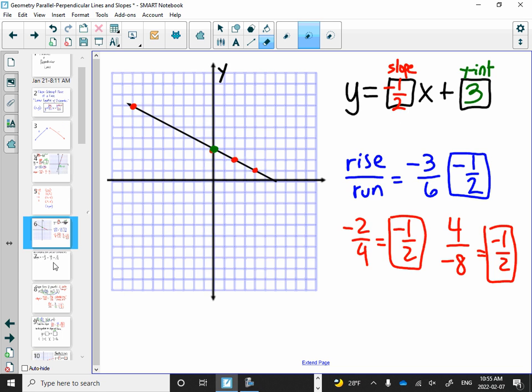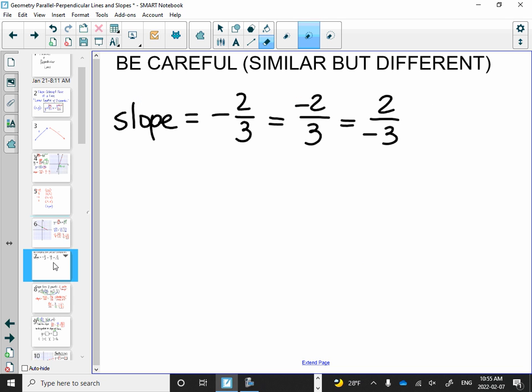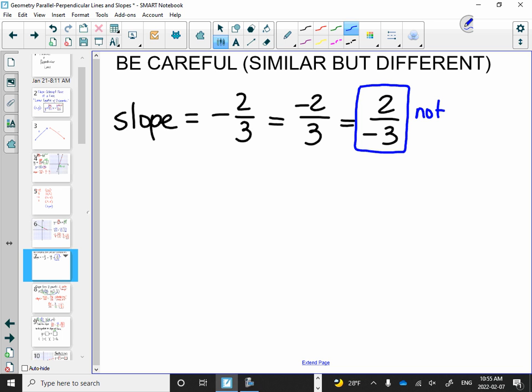Now, a couple things to be careful of, because some of us mix this up, especially when you're typing things in Khan Academy. Are all three of those slopes the same? Are they equivalent? Yes, they are. The only thing that is wrong is that if you're going to use Khan Academy and you're going to type one in, this one right here is considered not simplified.